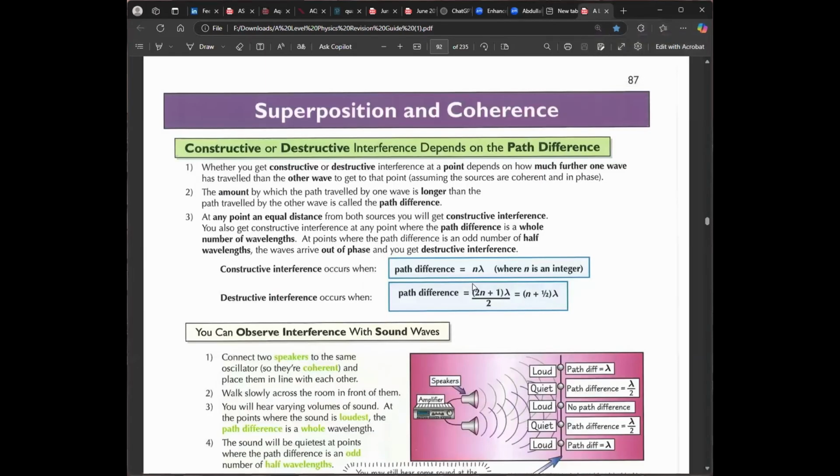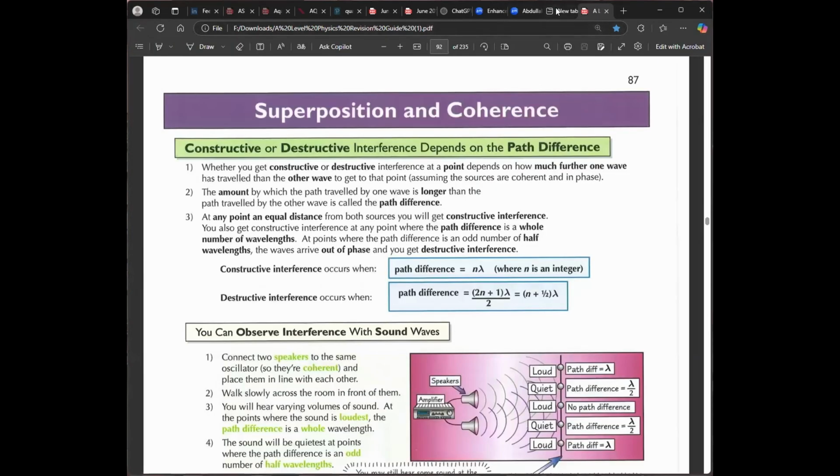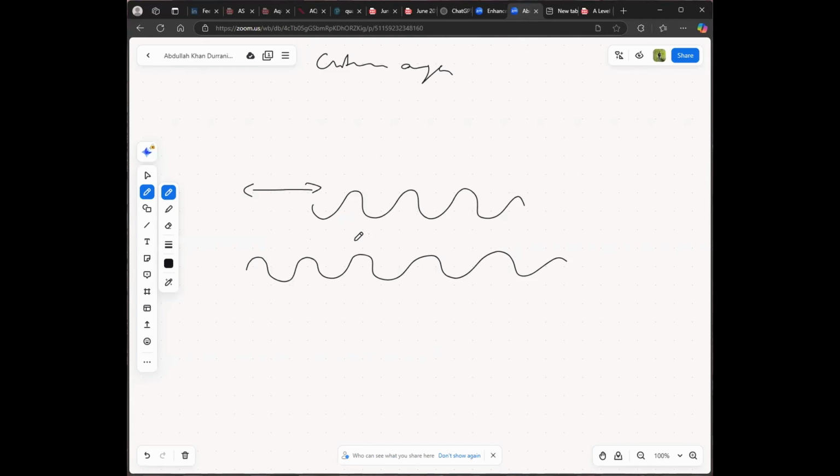If you look at this formula, the path difference for constructive interference is n lambda. If it's a multiple of the wavelength, it tells us that both of them will be in phase every time. I have not drawn them completely right, but if you look at that, all of them should align with each other.